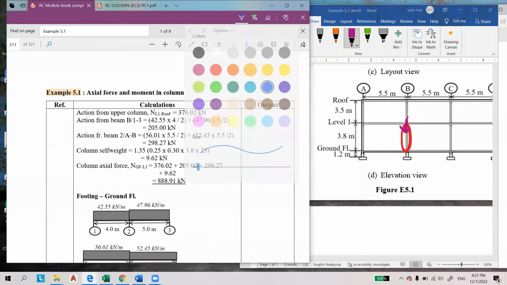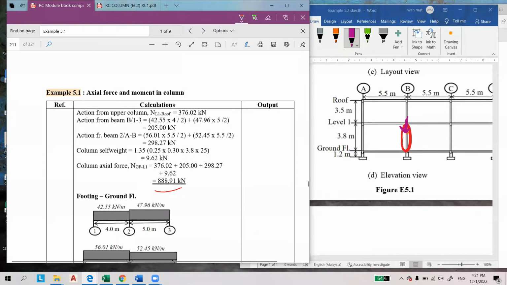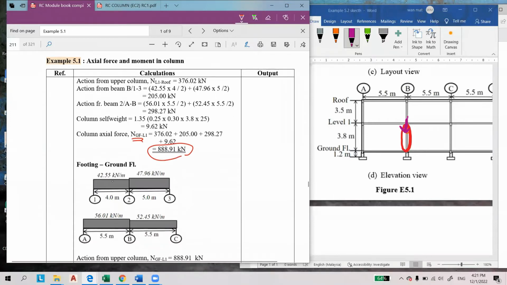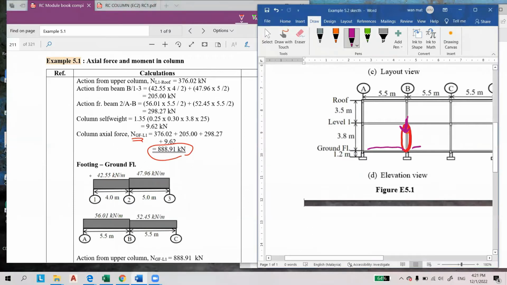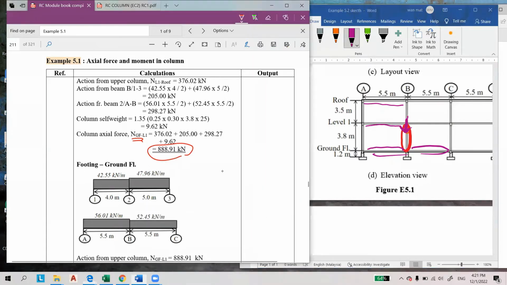It excludes the ground level. The loading from the slab here is excluded. Only the roof and the first level are considered as the actual load.